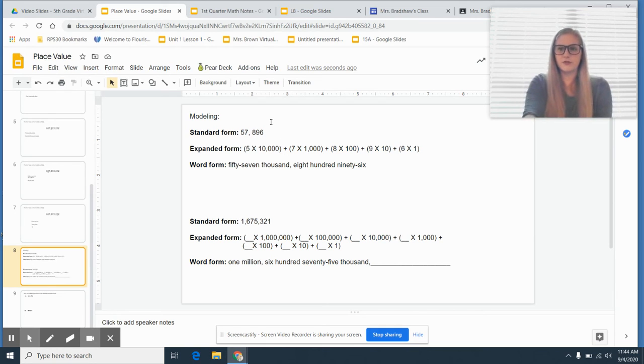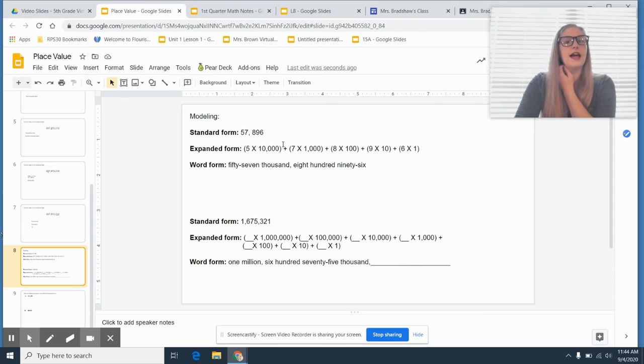Expanded form. So what I am doing for expanded form is I am taking the digit, so I have 5 in the tens place of the thousands period times 10,000 because that is the place that it is in.